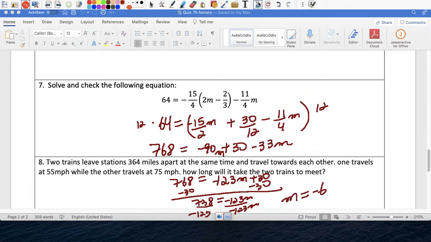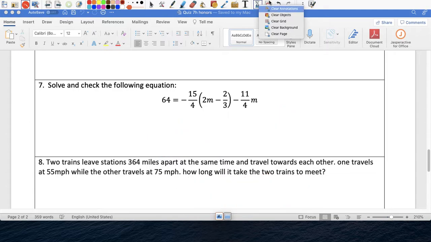Alright, got the same answer again, right? No, I'm good. Looks good. So m equals negative 6.